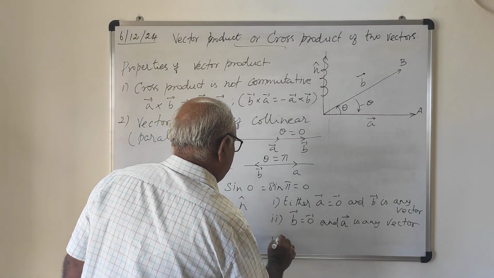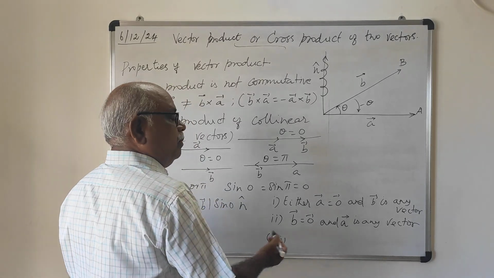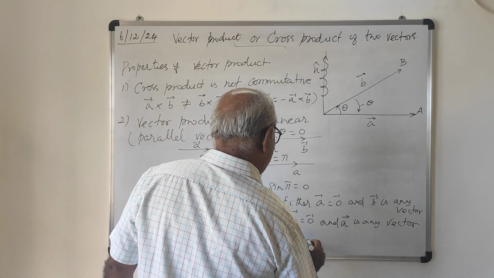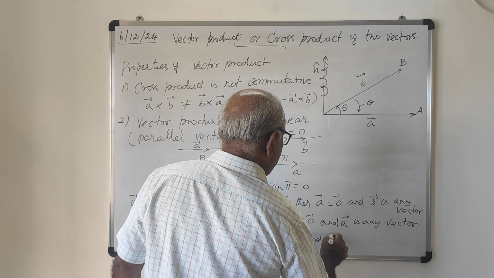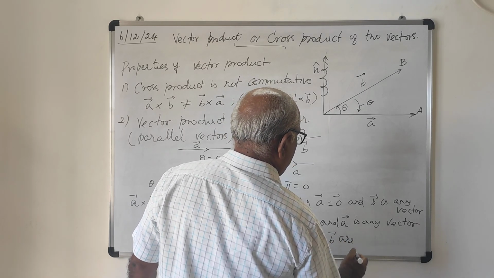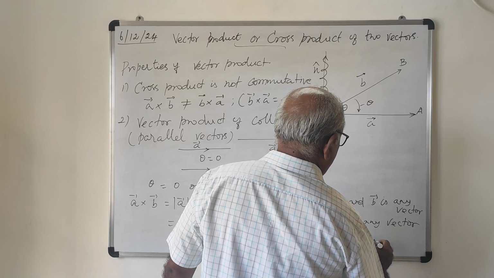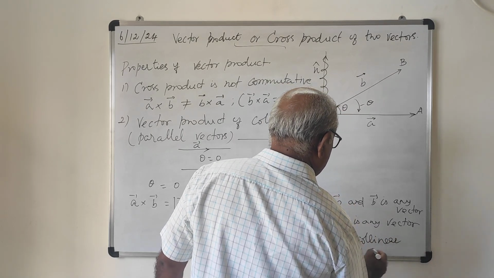Third one is A and B are collinear or parallel.